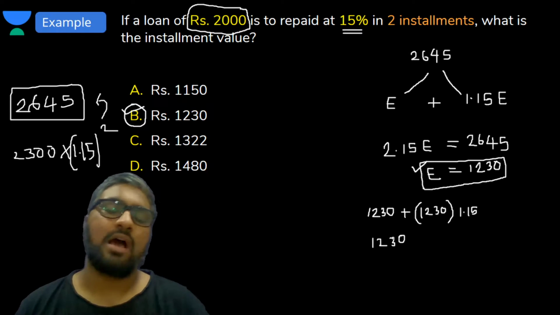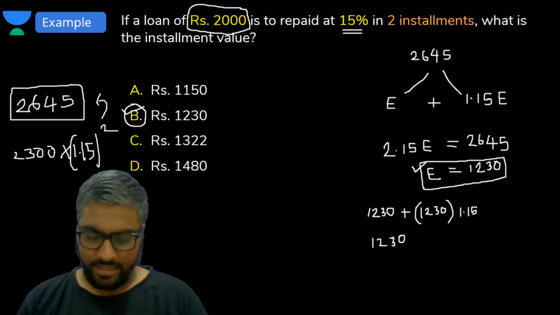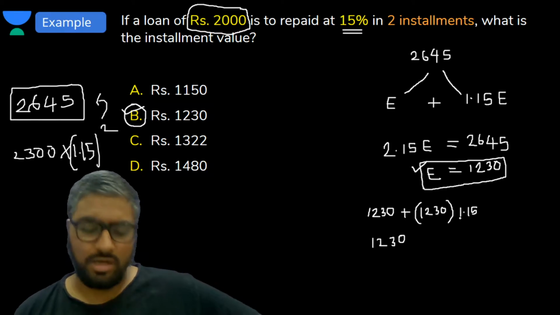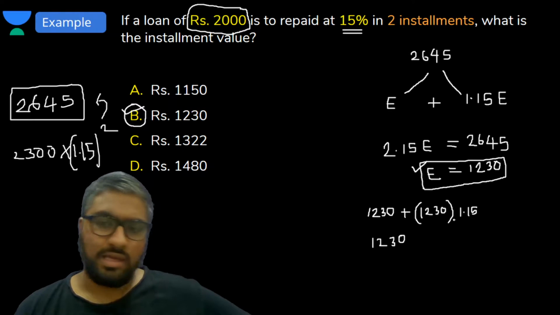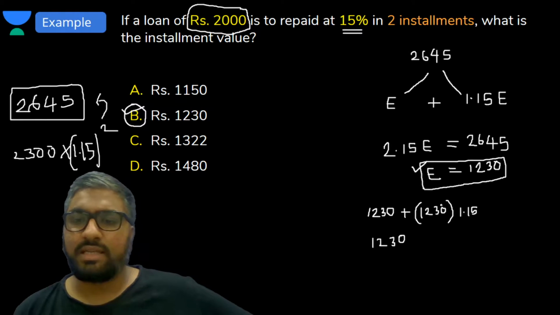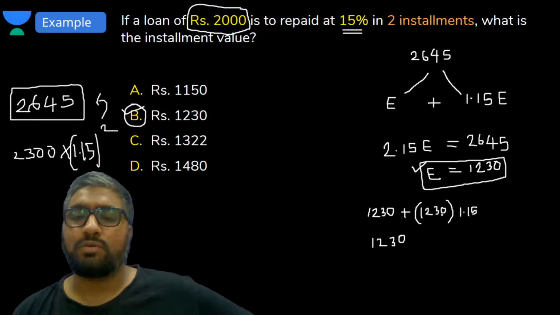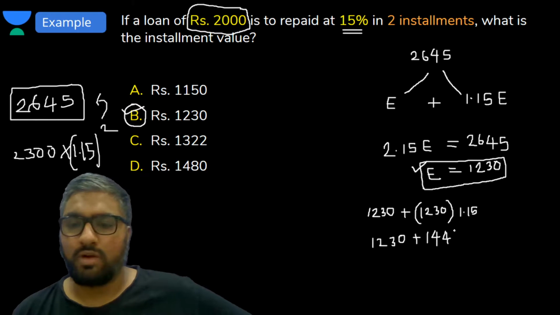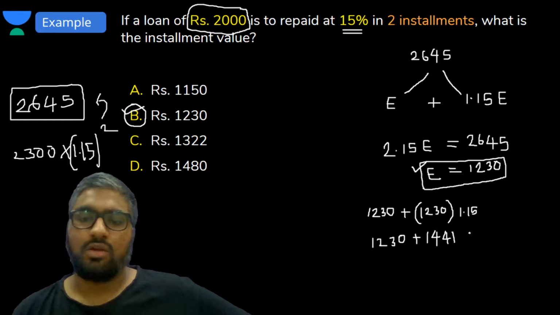And how much would be 15 percentage extra on this? How much would be extra on this? 10 percentage is 123, 5 percentage would be 0.5. So if I add this, I get around 1041.